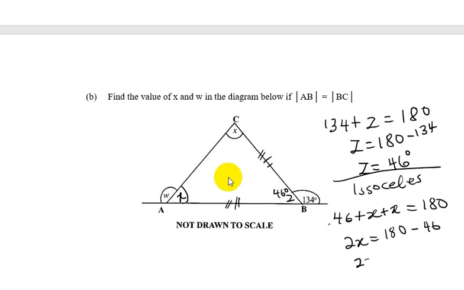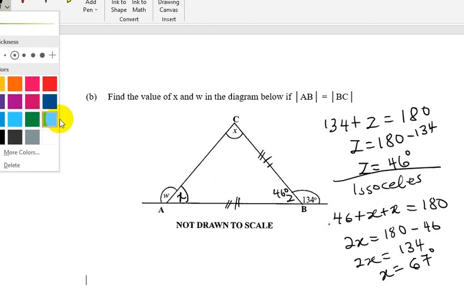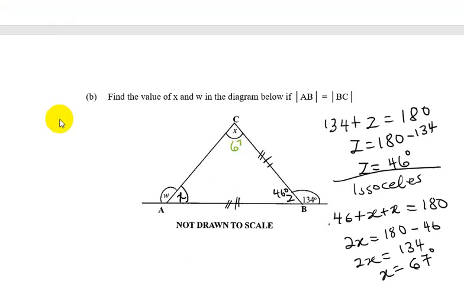So we are going to get 2x being equal to 134. If I divide both sides by 2, I'm going to get x being equal to 67 degrees. So it means that this angle is 67 and this angle is also 67.